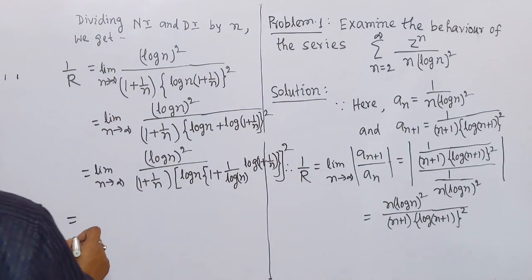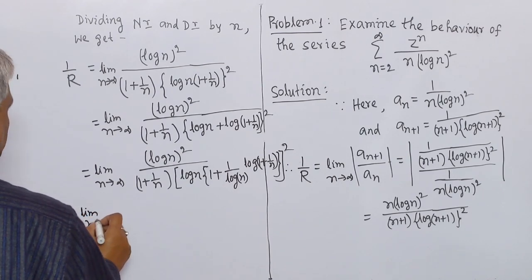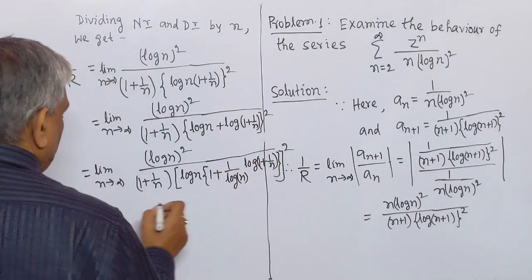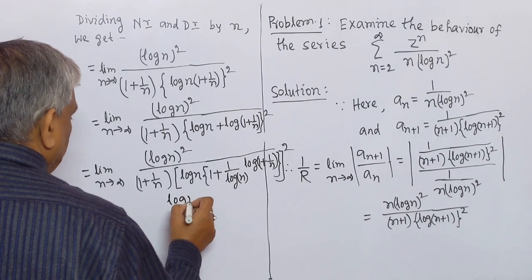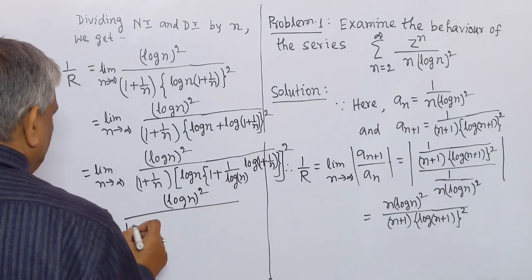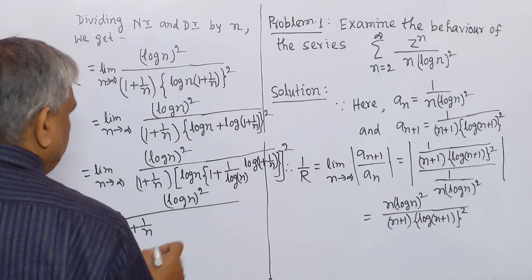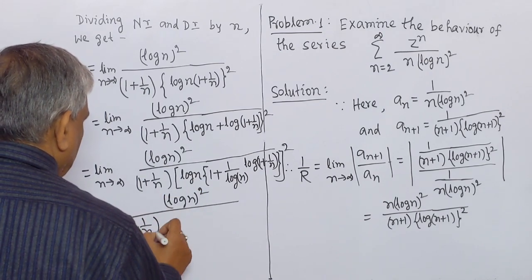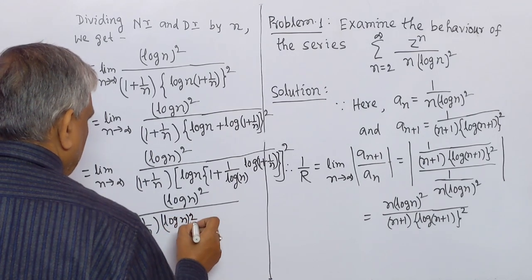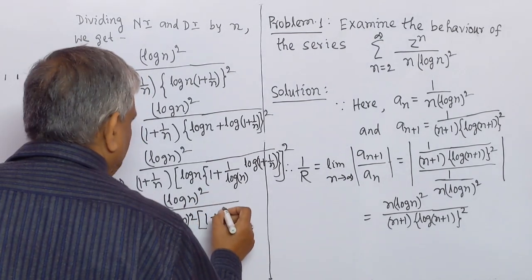Equal to limit n tends to infinity, here (log n) whole square, here 1 plus 1 by n, here (log n) whole square, (log n) whole square, here 1 plus 1 by log n.